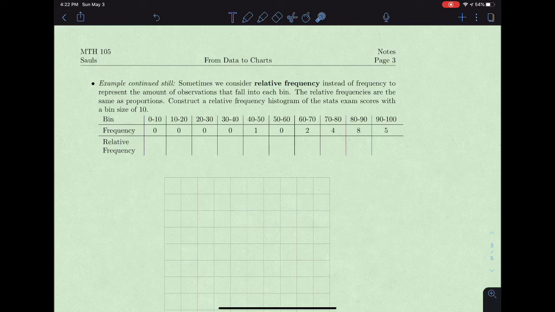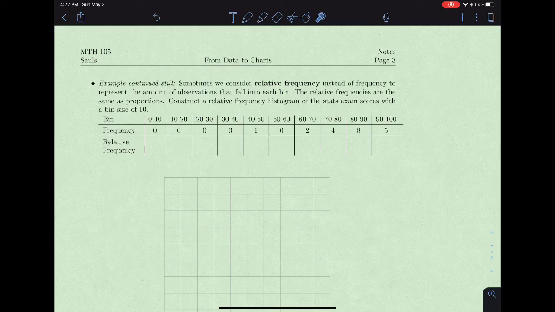We're going to instead count, well, how many is 4 relative to the whole? So we will use a measure, relative frequency, instead of frequency. So counting relative to the whole instead of just raw numbers.